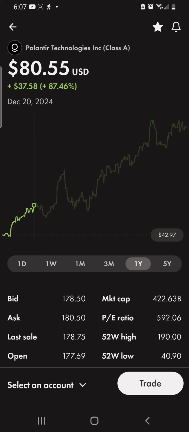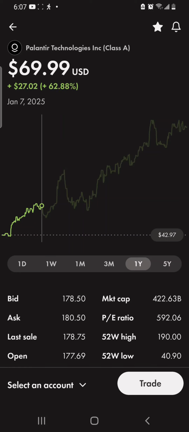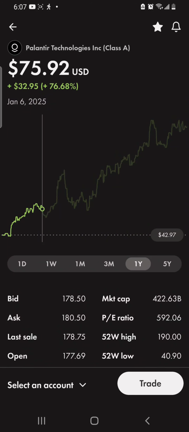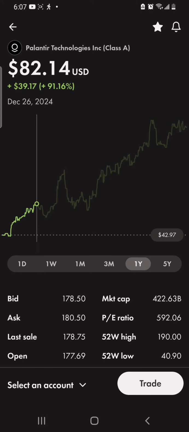I was going to tell everyone to buy this stock. It was $80. They were busy at work, so I had to understand. But today, this is where the stock is. So if they had come in, they would get it for $80, right? In 2024, it was $80.